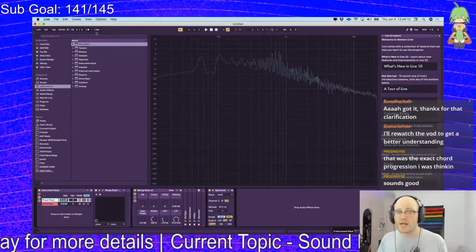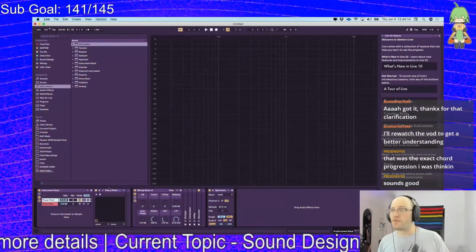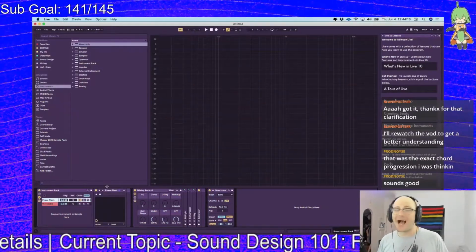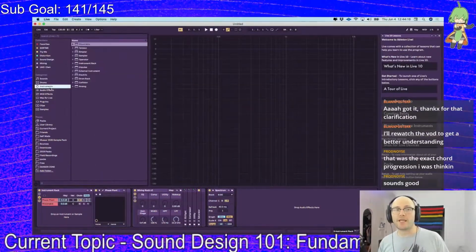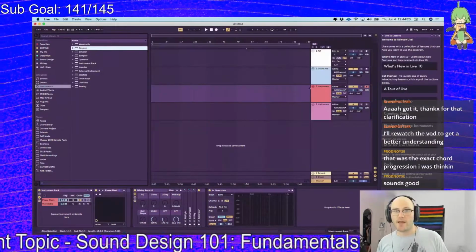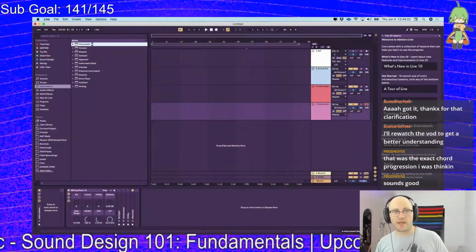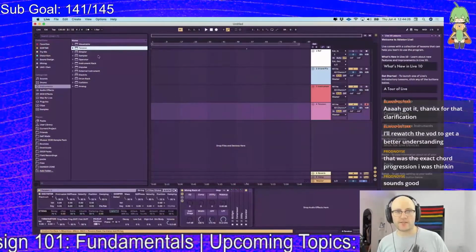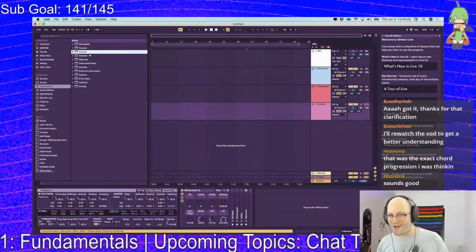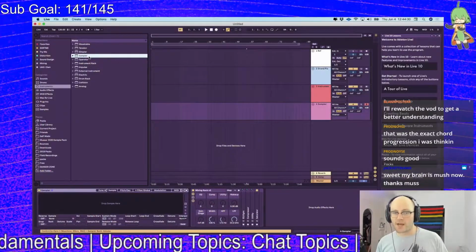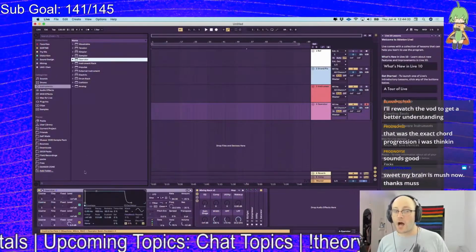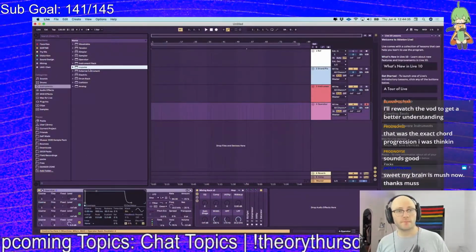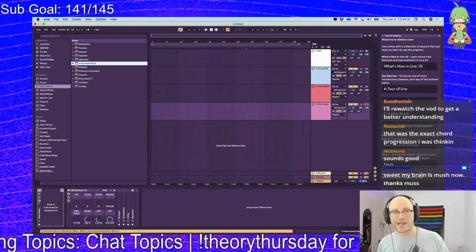If you've never done anything with synthesis before, I recommend you find a synthesizer, ideally something that is built into your DAW. As you can see, I'm in Ableton Live. We have Wavetable, which looks like this, Tension, which looks like this, Simpler, which is not a synthesizer, Sampler, not a synthesizer, Operator, good option, Impulse, Instrument Rack is just a container.